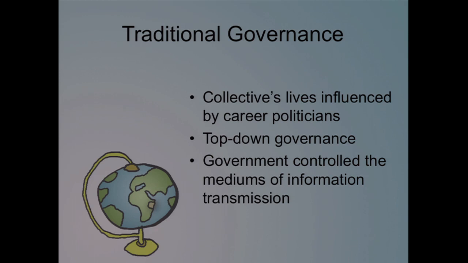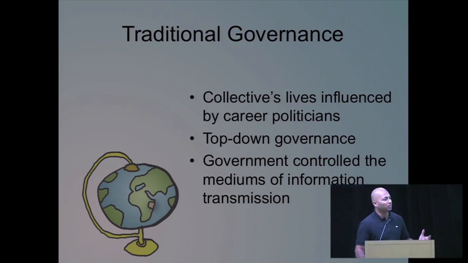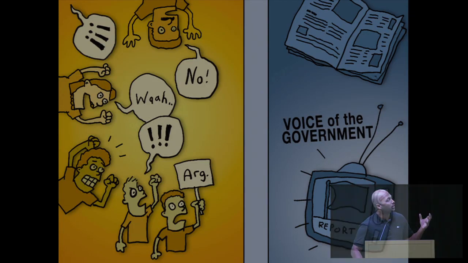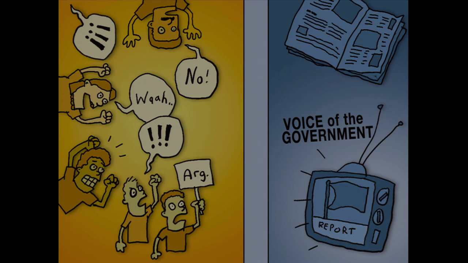The collective's lives have been influenced by career politicians. So the whole idea of democracy that we have seen in general was more from that point of view. And as a result of the control of media by government, they were the ones who had the voice, and any disgruntledness by the general public has in no cohesive manner been able to be shared with the government. So this is what traditional governance has been like.